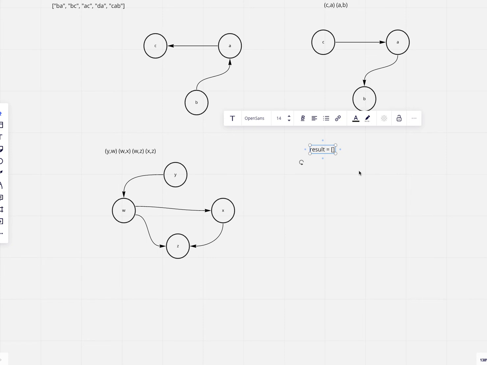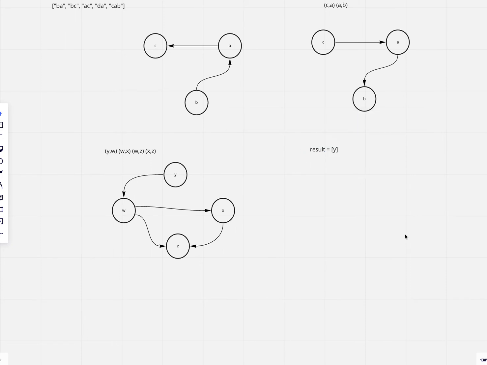But if the question didn't say so, that might be a good check to have, that if we have more than one source to start with, it's a problem. We won't have a sorted order of characters in that case, because there will always be an ambiguity or confusion between which source to pick first. All right, cool. So first we put in Y, right? And then we go on to W.